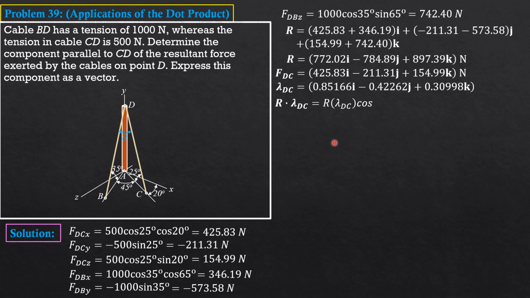So R times lambda DC times cosine theta, and the magnitude of lambda DC is 1. So it reduces to R cosine theta, which is the component of the resultant along DC.